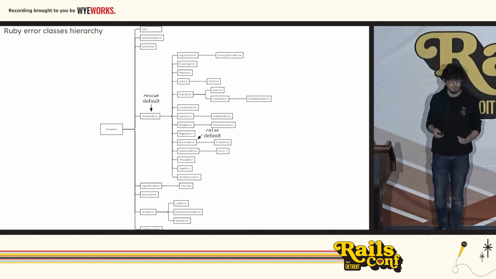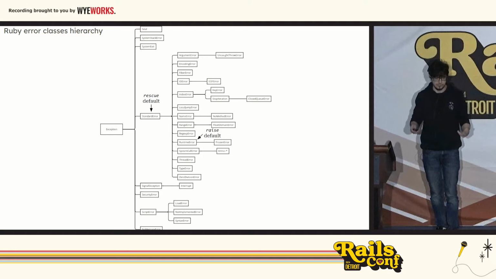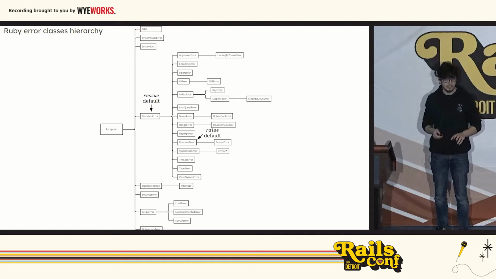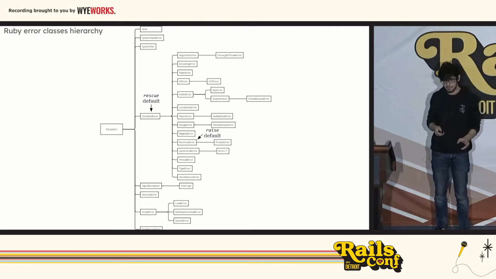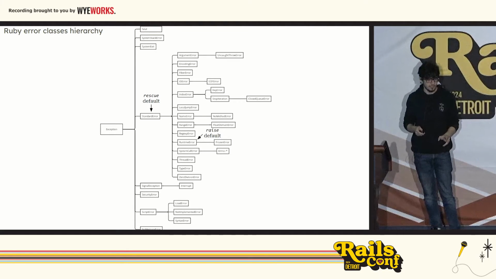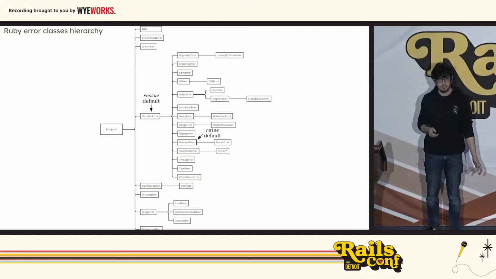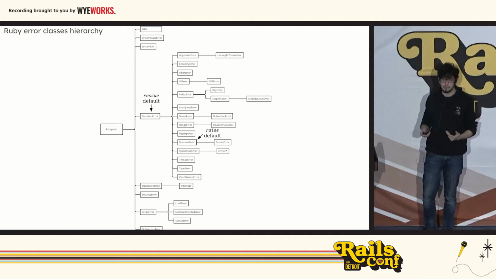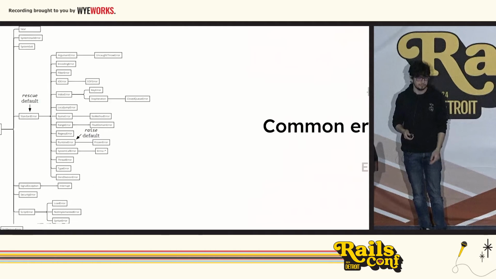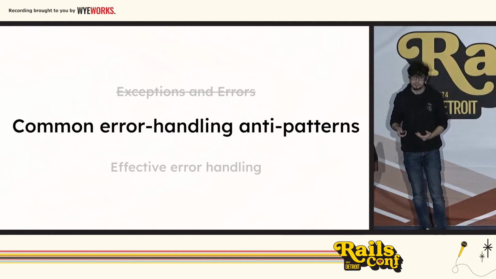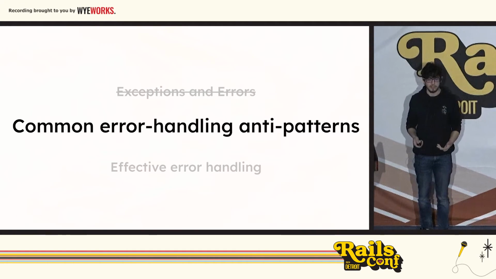So if we look at the Ruby error classes hierarchy, which is huge, we can notice that when we use rescue without specifying which exception class we're handling, it's going to default to StandardError. And when we use raise without specifying what we're raising, we just pass the message, it's going to raise a RuntimeError. So it leads us to talk about some common error handling anti-patterns.